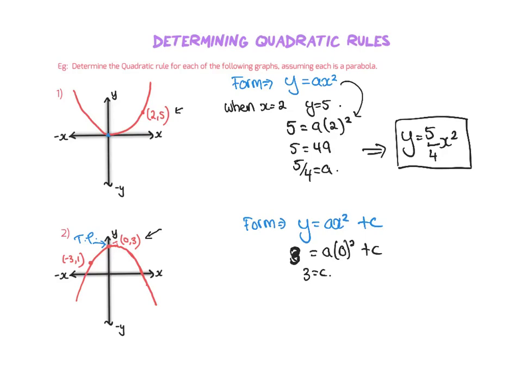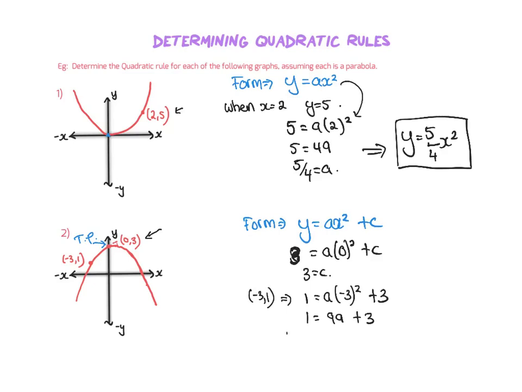And now, knowing that, let's use the other point, negative 3 and 1. So when y is 1, x is negative 3, and we know now that c was 3, so we can put that into there. So we get 1 equals 9a plus 3.